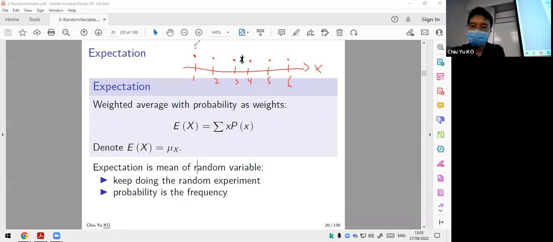You can have many data points here, many 2s, many 3s, many 4s, many 5s, many 6s. If you repeat 6 million, 1 million of 1, 1 million of 2, 1 million of 3, and so on, and you calculate the mean, it is exactly in the middle. So I hope I convince you this expectation is a relevant measure for what we want.